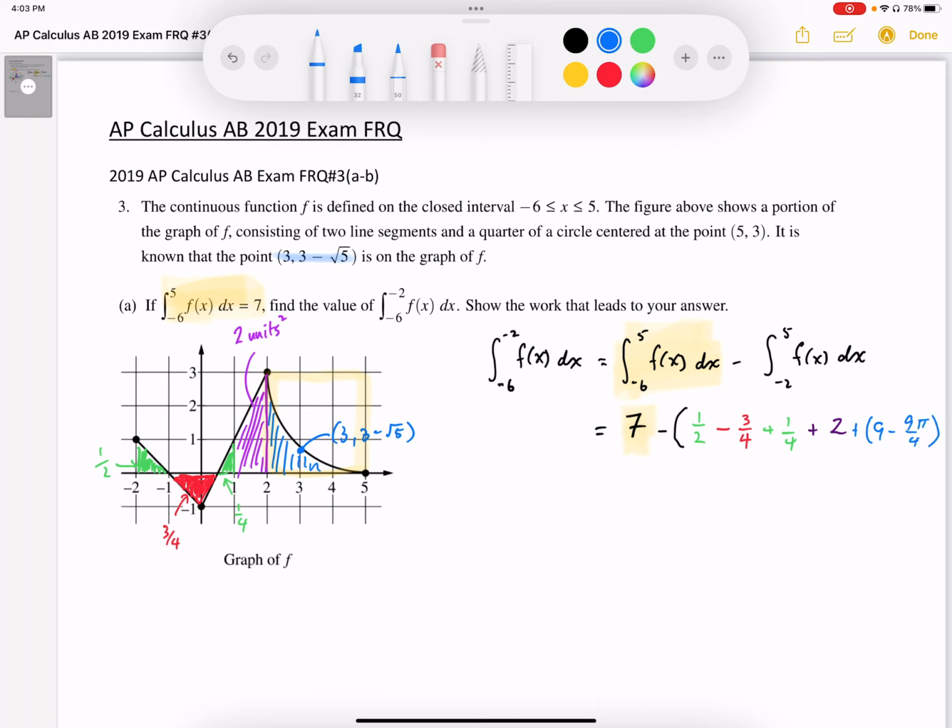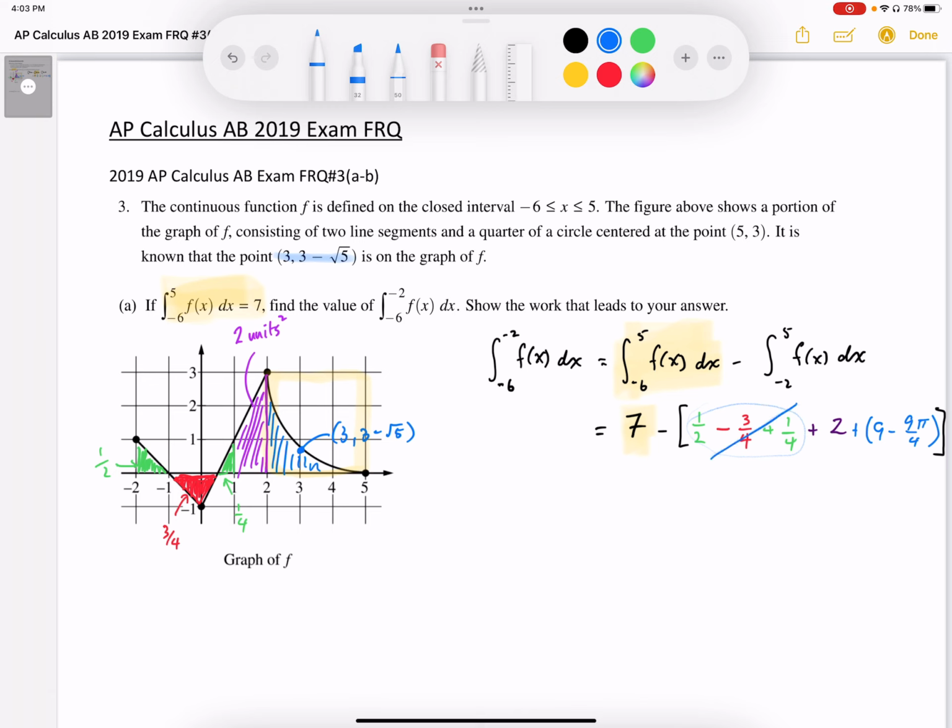Okay, and that represents that quarter circle. So this portion here is going to have a 0 sum, so that's just going to cancel out.